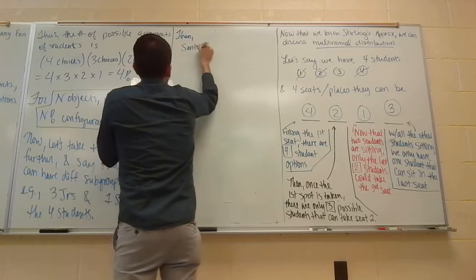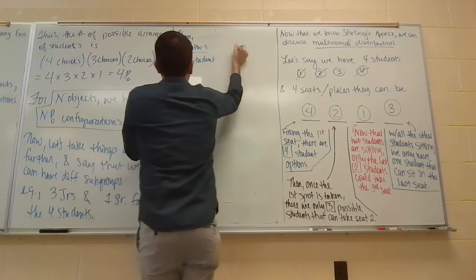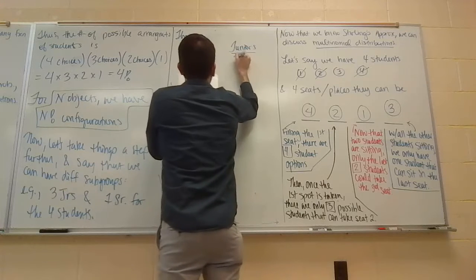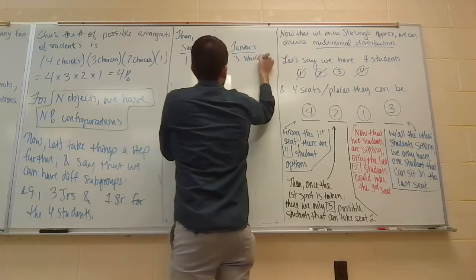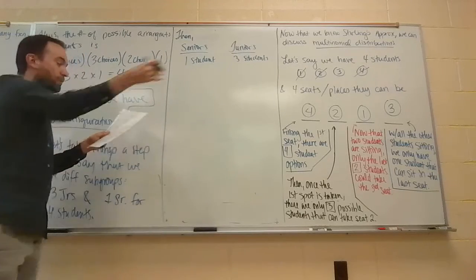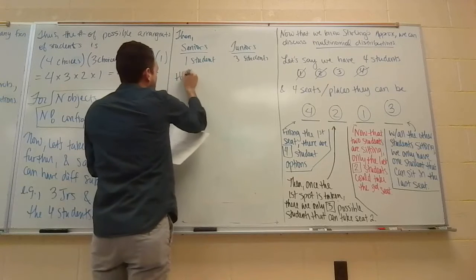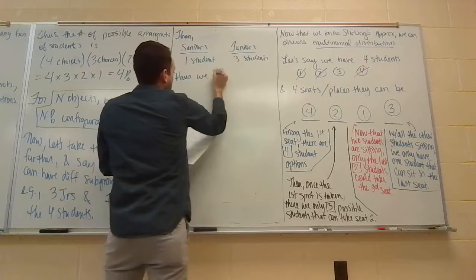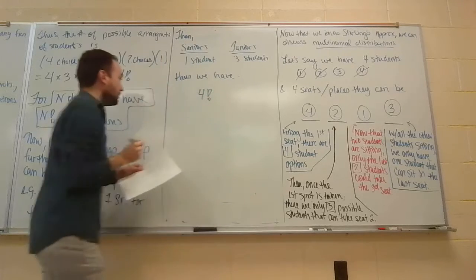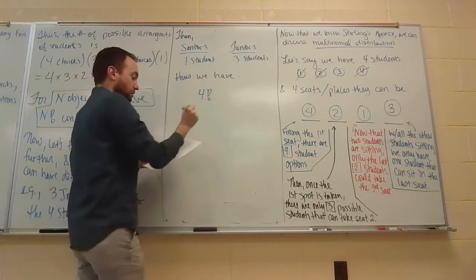for the seniors, we had 1 student. And for the juniors, we had 3 students. Okay? So if I were to figure out how to arrange my students into bins, then that means that we will have 4 factorial total configurations for our students.